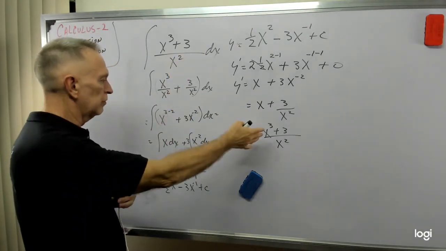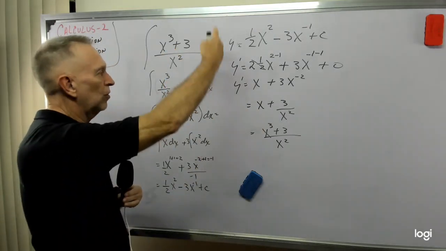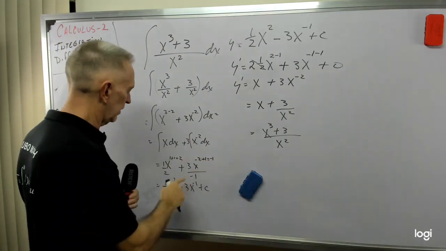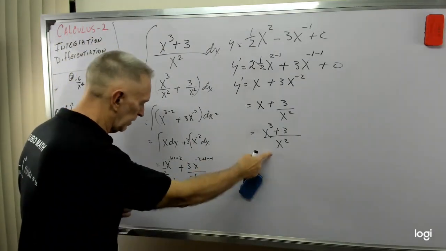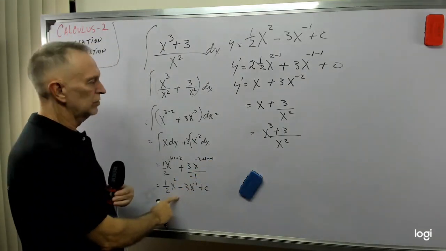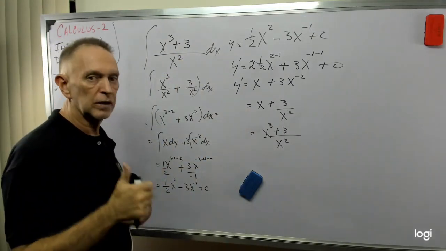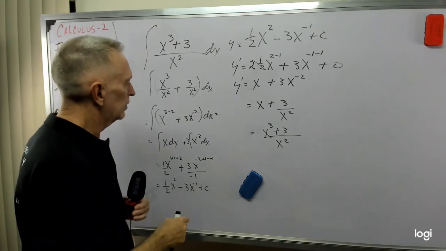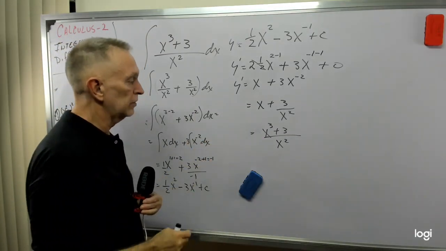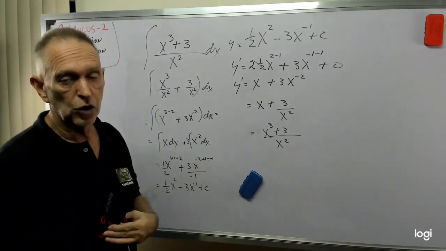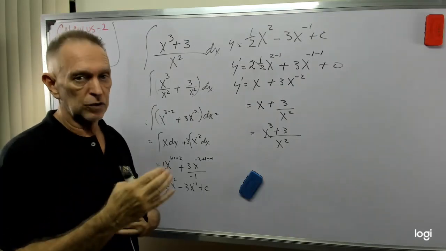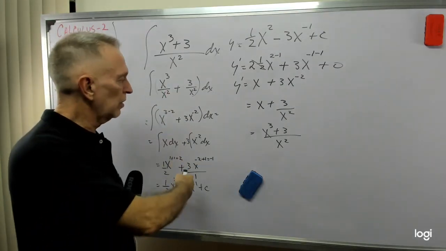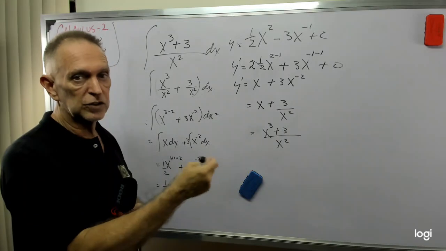So it's confirming that all the calculations are correct, and the derivative of the integral gets back to where I started. So it's a great confirmation tool that the calculations are right. When you can, I would encourage you to integrate, and after integration, to differentiate to see if it's correct.